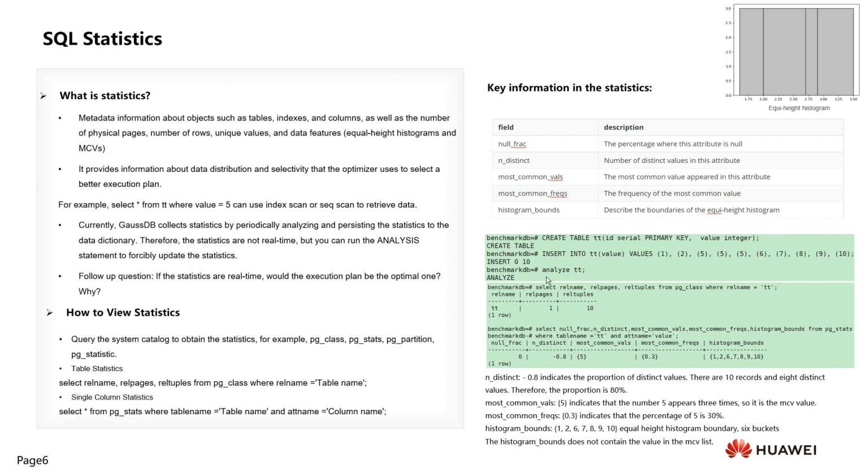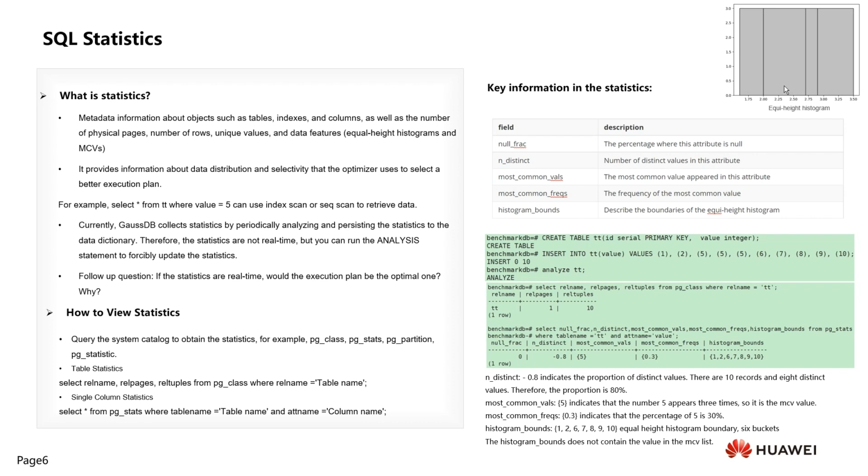In GaussDB, we use an equal height histogram to describe the density of the data. As an example, we can have a look at the histogram on the top right corner of the screen. We see each section has the same height as the others, and there are boundaries. For instance, from 1.5 to 2.0 and 2.0 to 2.7, and so on.